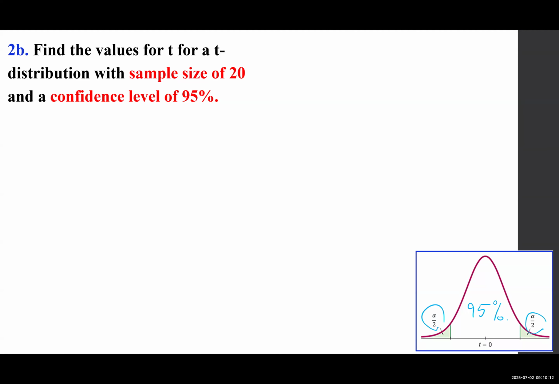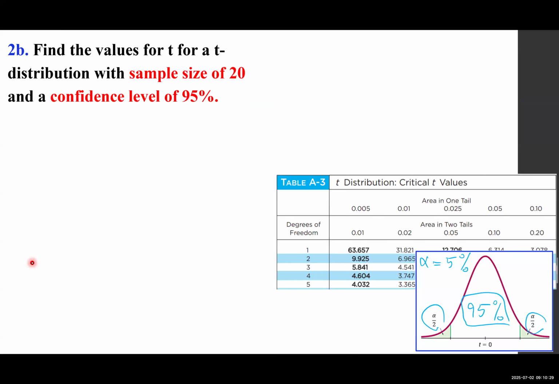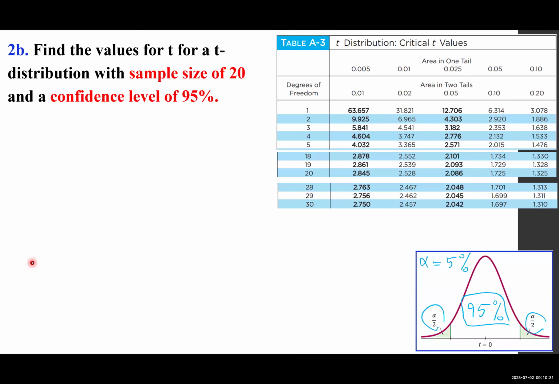So okay, if this is the confidence interval, alpha is 1 minus that, which is 5%. This is just for the sake of argument, so we understand the concept. And so here's the table, and here's a portion of the table.